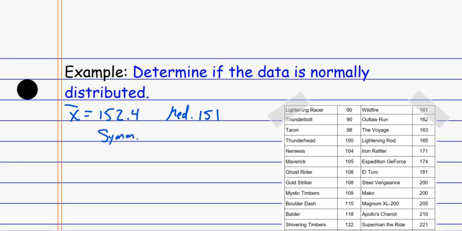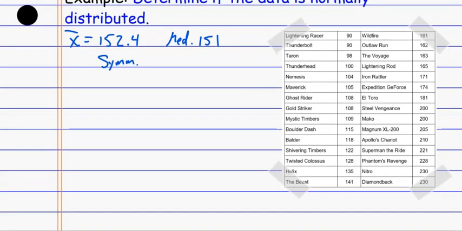Okay, so now maybe I want to go to a graph. I start to graph this thing, and I look at the data, and I say, okay, it goes from 90 to 230. That's quite the spread. So I probably don't want to do a dot plot on this one. Maybe a stem plot would be okay. We could use 9, 10, 11, 12 as our stems. That might work out because this is fairly small data. The range is a little bit big for that, but we could probably get away with it.